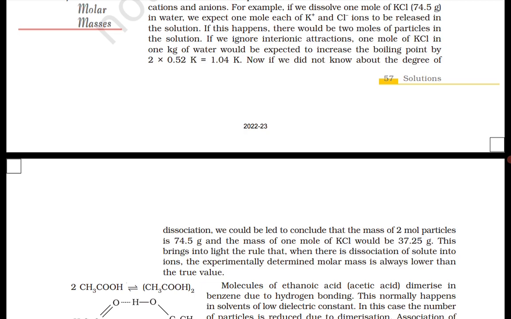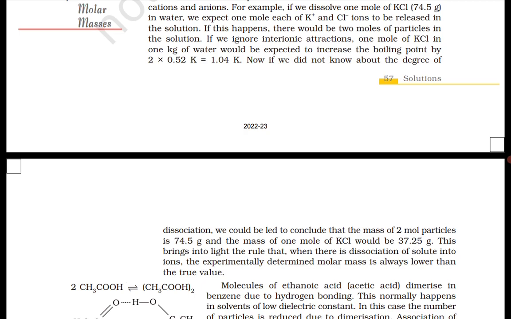If this happens, there would be 2 moles of particles in the solution. If we ignore the interionic attractions, 1 mole of KCl in 1 kg of water would be expected to increase the boiling point by 2 × 0.52 K = 1.04 K.